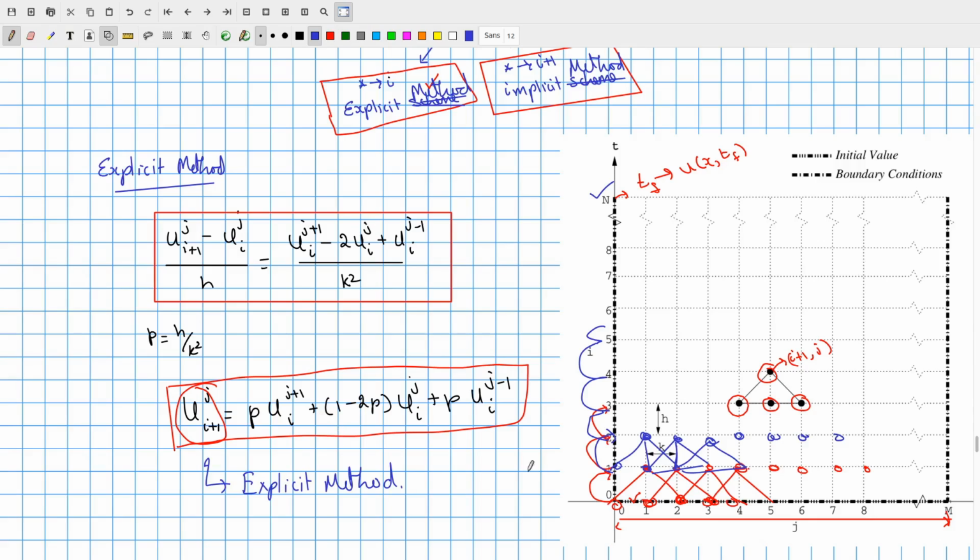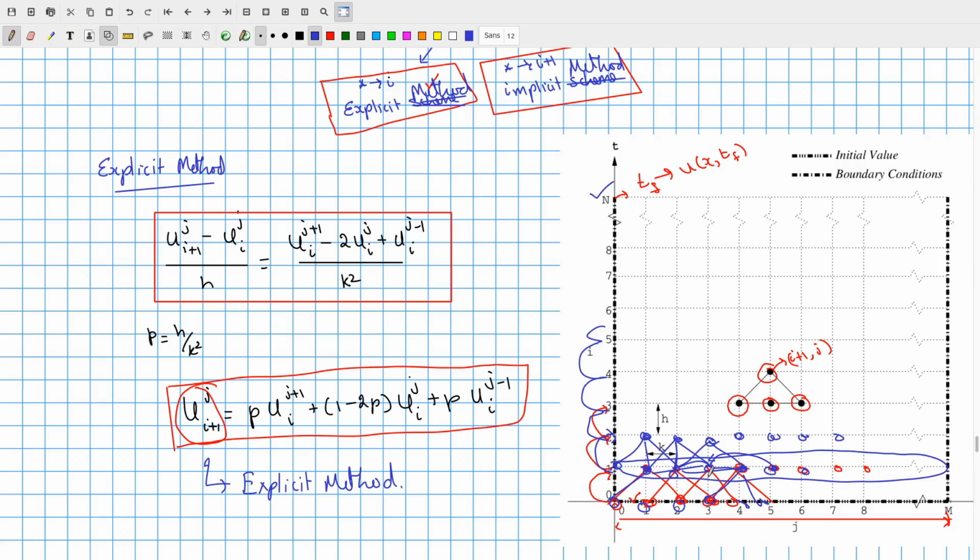The reason is that every point is anchored to the earlier points. Many times these points don't have any dependence upon the points of the same time grid. At every time grid, every point is calculated from the earlier points, and they don't have any direct connection with the points of the same time grid.